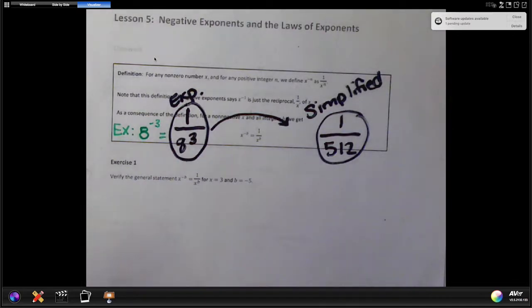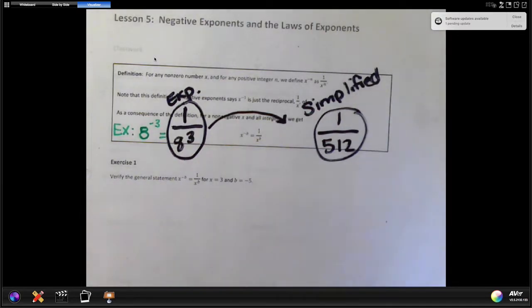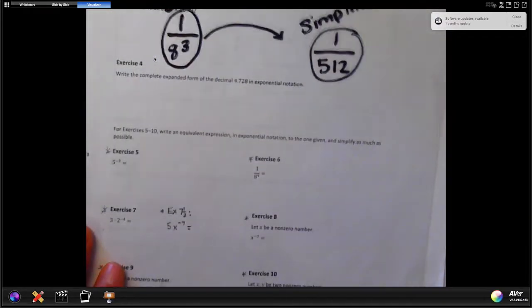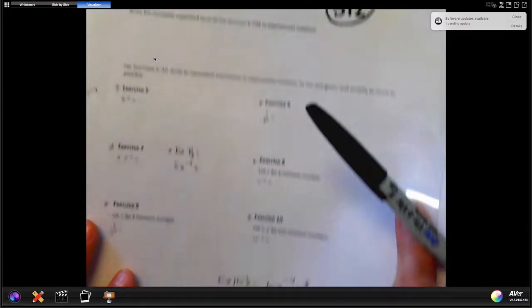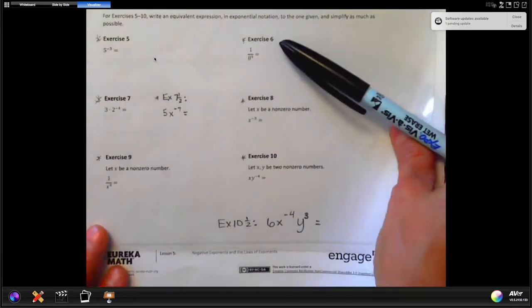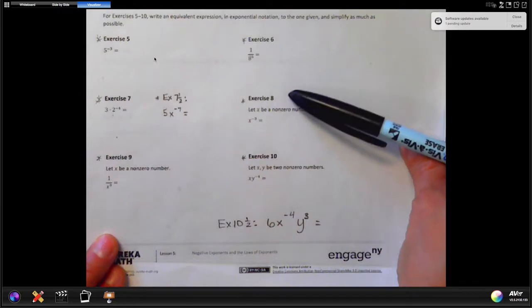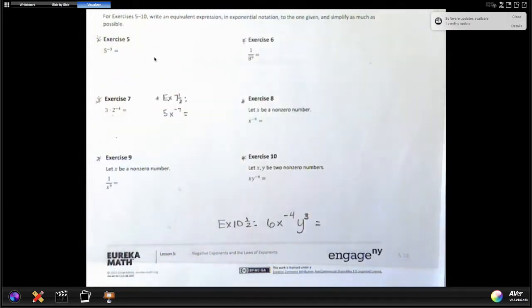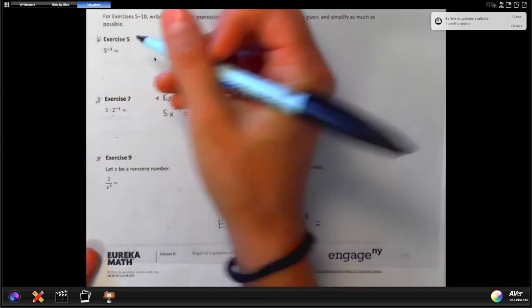In the essence of time, I would like you to please skip now to page 18, and down to exercise 5. For exercise 5, we have a very similar problem to what we started with, 5 to the negative third power.